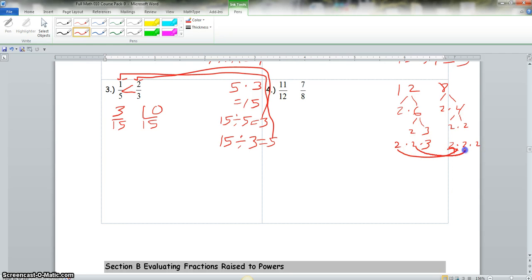We actually have 2 sets of 2's that are in common. So we'll write them down as one set. This set we write once, this set we write once. And then we have an extra 2, and we also have a 3. So 2 times 2 is 4, times 2 is 8, times 3 is 24. This is supposed to be 24. So our new common denominator would be 24.